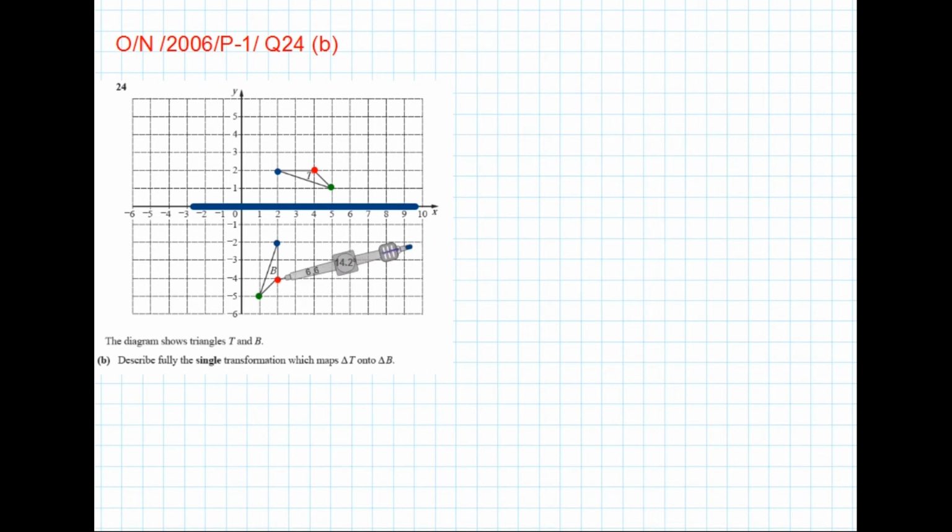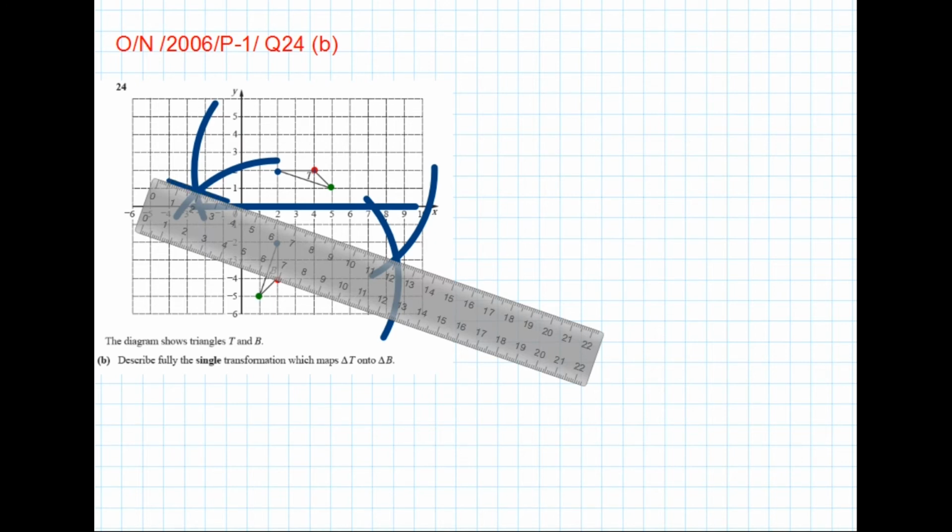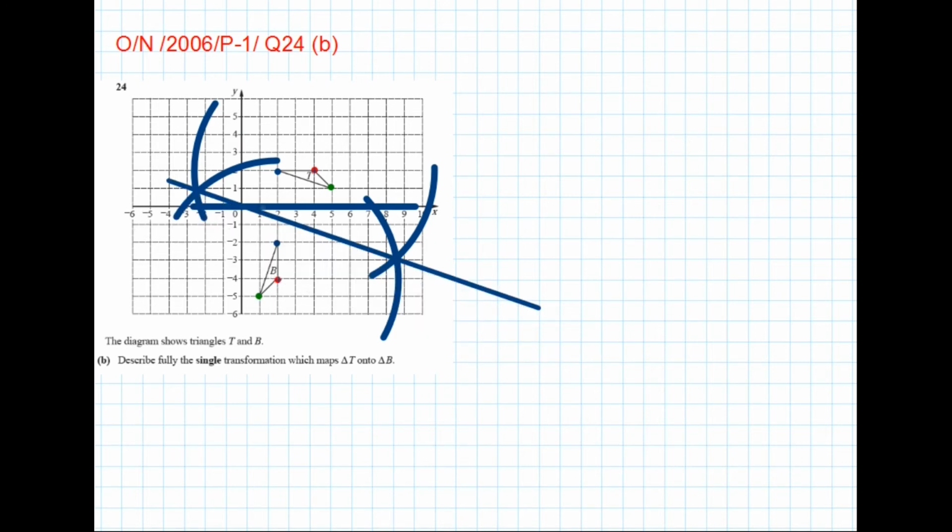If we check the distance between the other set of corresponding vertices, then we realize that their distance cannot be divided easily, so we use a compass to draw another perpendicular bisector between the red vertices of triangle T and triangle B, as shown. The point of intersection of the two perpendicular bisectors is the center of rotation, (0, 0), as shown.